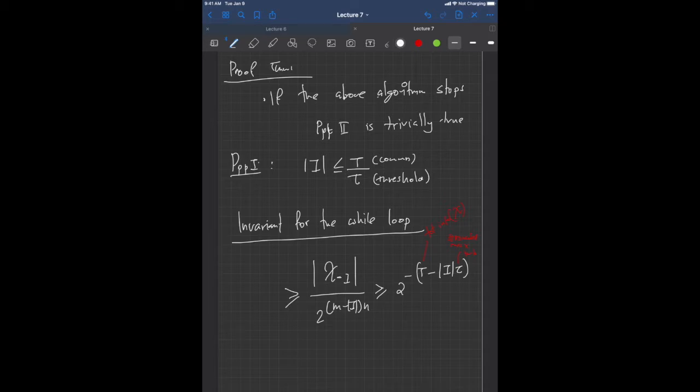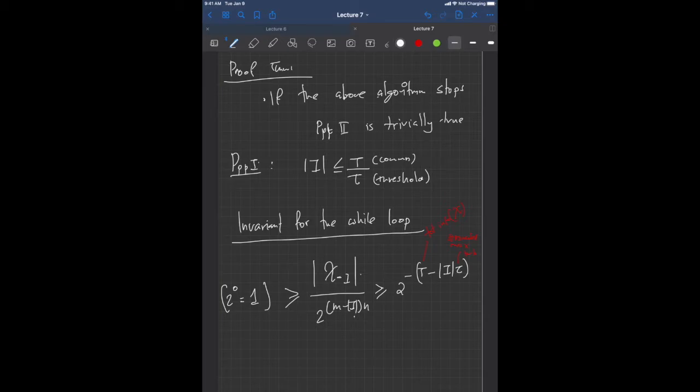We knew that X is at least 2 to the minus t of the total universe, but once you project some rows away, we don't know what happens. But in the worst case, this cannot be bigger than this one, right? The numerator is at most the denominator, because the denominator is the universe from which the numerator comes. So this ratio can be at most 1. Another way to write 1 is 2 to the 0, right?